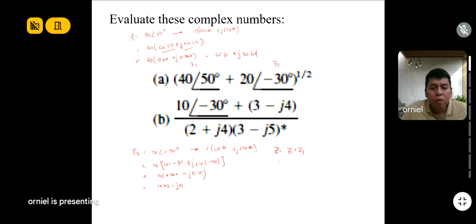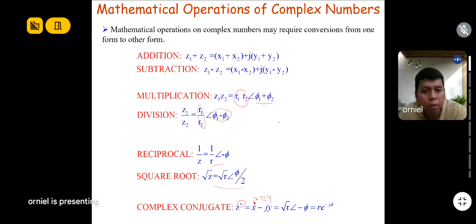Z1 is 25.6 plus j30.64, plus 17.32 minus j10.